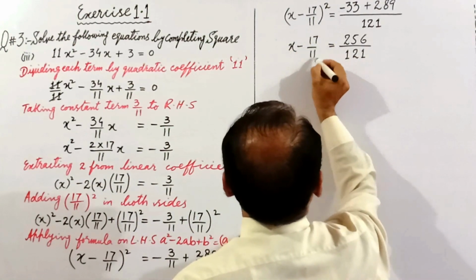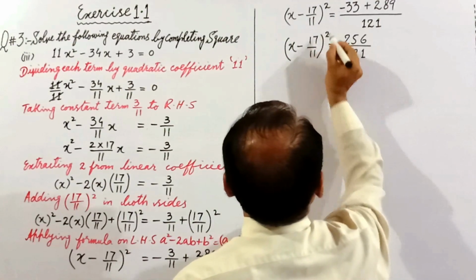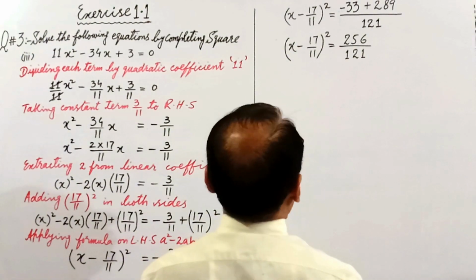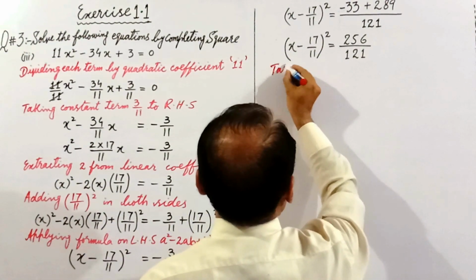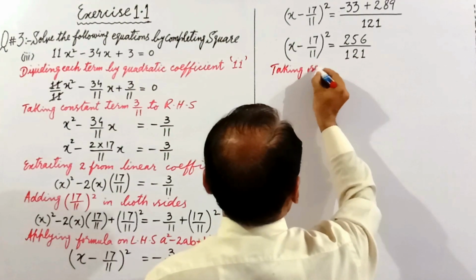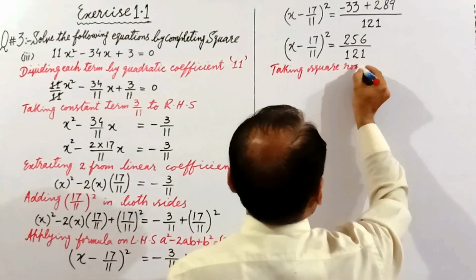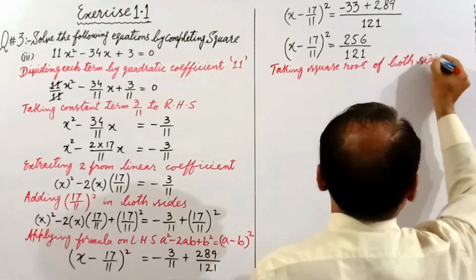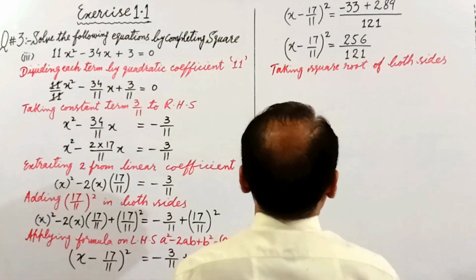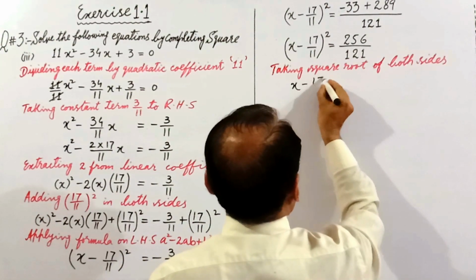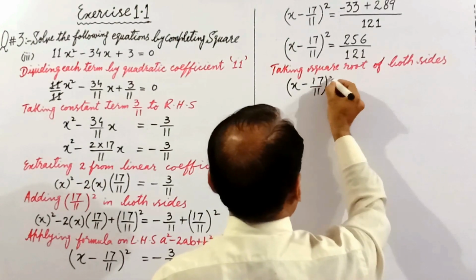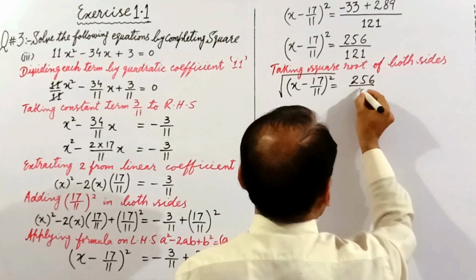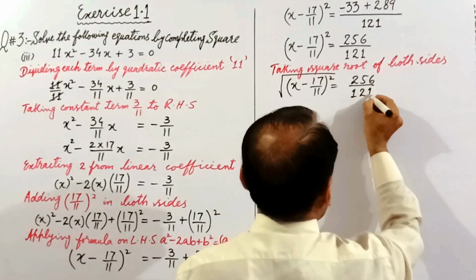As we are required to find out the solution, it means we have to find out the value of x. So by taking square root of both sides, we have x minus 17 over 11 whole square under root is equal to 256 over 121 under root.